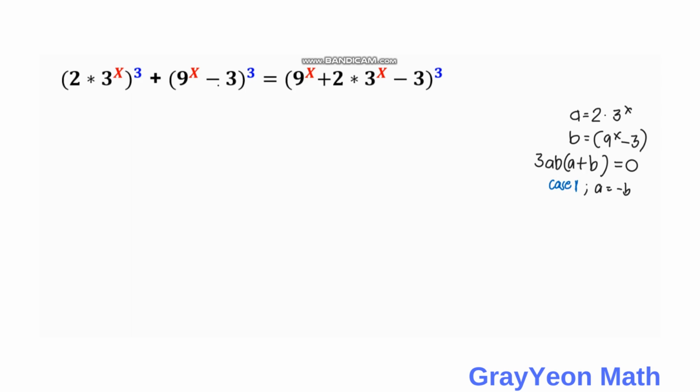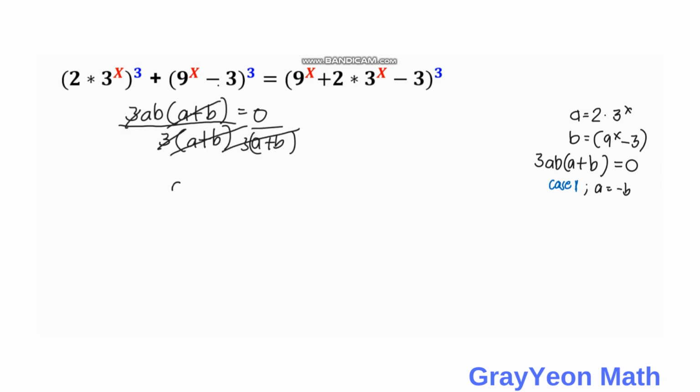For the second case, we have A plus B equal to 0, but we will divide by 3 times A plus B, so A times B is equal to 0. If we got this equation, A times B is equal to 0, it's either A equal to 0 or B is equal to 0. So that would be case 2.